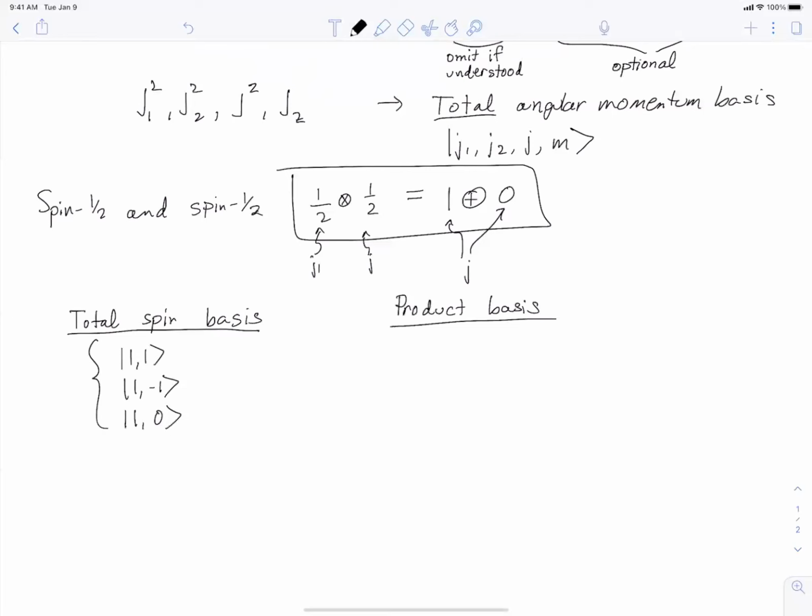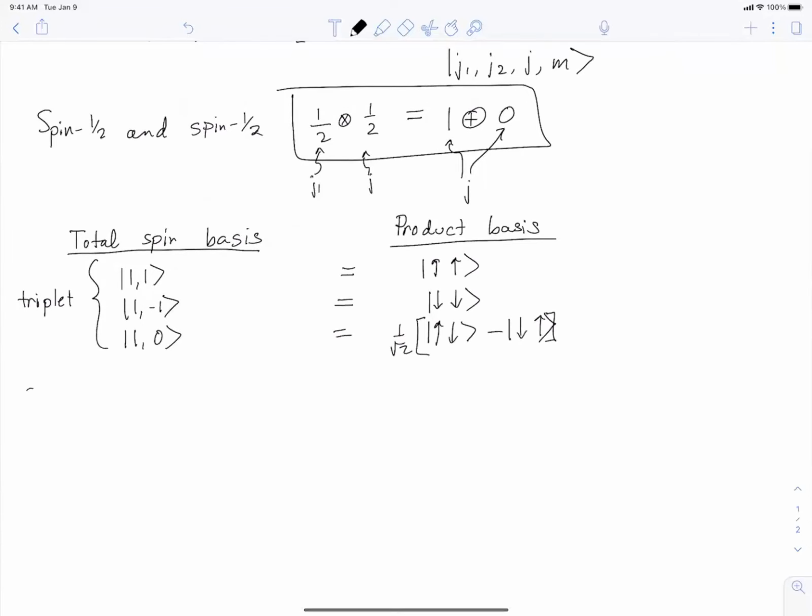Together those form a triplet because they all have total spin 1. And these are equal to up arrow up arrow, down arrow down arrow, and 1 over root 2, up arrow down arrow plus down arrow up arrow. So there's an equality between the two bases that looks like that.